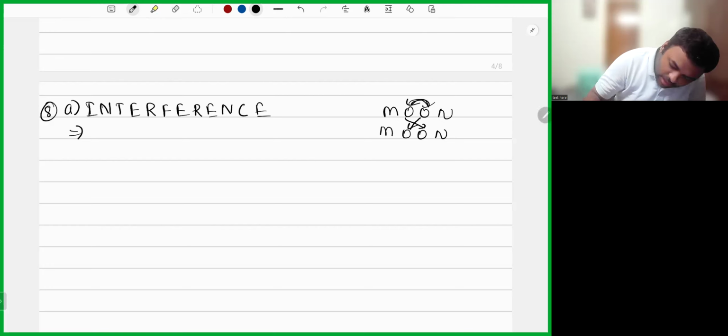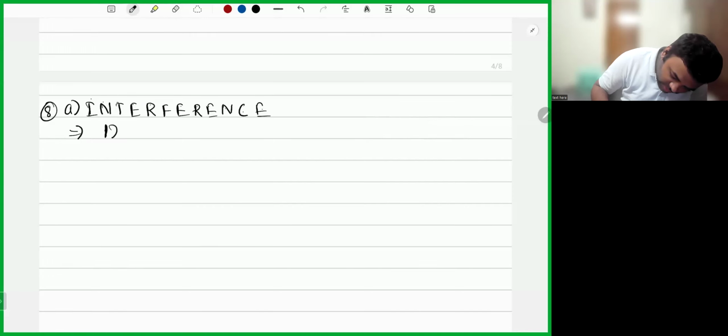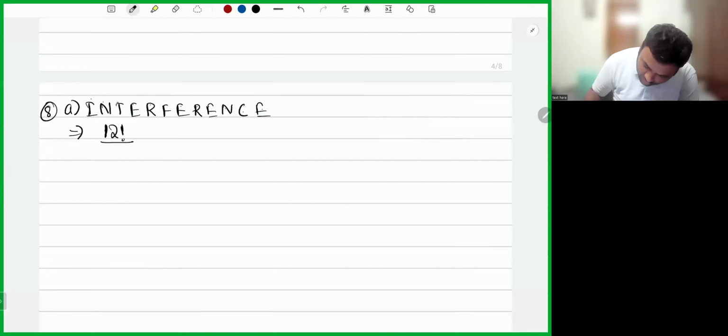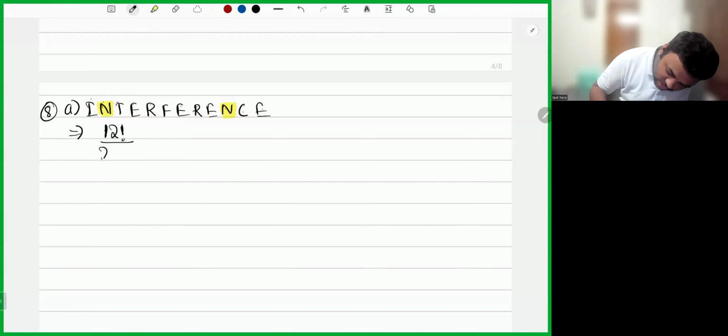Now in the word interference, how many letters are there? 1, 2, 3, 4, 5, 6, 7, 8, 9, 10, 11, 12. 12 factorial, whole divided by. What is repeated? N is repeated 2 times, 2 factorial. Next E, 1, 2, 3, 4.